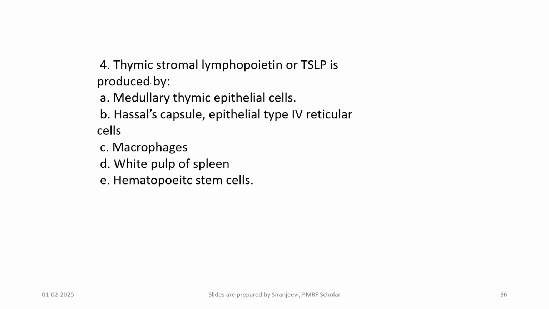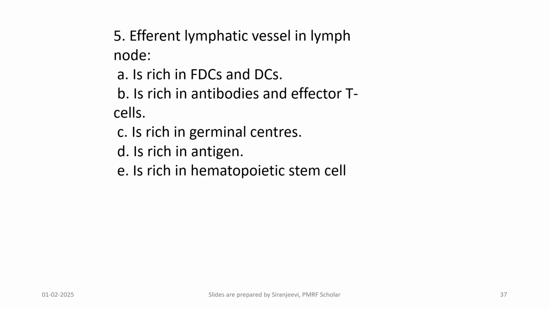Okay, thymic stromal lymphopoietin or TSLP is produced by, this we have not seen, so I will answer. It's the epithelial thymic reticular cells. That we have not seen. Okay, efferent lymphatic vessels in lymph nodes, that we have seen. Which one is the option? Is rich in FDCs and DCs. Is rich in antibodies and effector T cells.